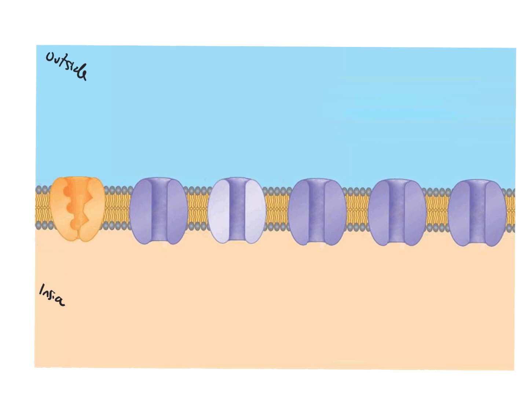So the very first step, and we have to imagine our opening of the protein is actually facing inside at this point in time, would be that your sodium molecules would bind to the carrier protein. Now, when a molecule binds with a protein, that is going to cause a change in its conformational shape. That change in its conformational shape allows ATP to bind to the carrier protein on the inside of the cell.